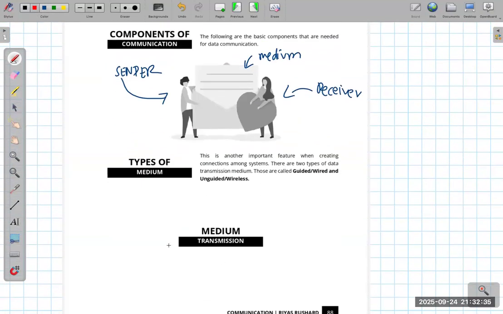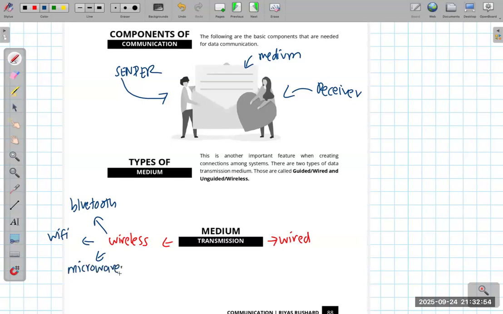In communication, there are 2 types of medium. One, we have wired medium, and the other one we have wireless medium. Wireless, we have Bluetooth, Wi-Fi, microwaves, and radio waves.